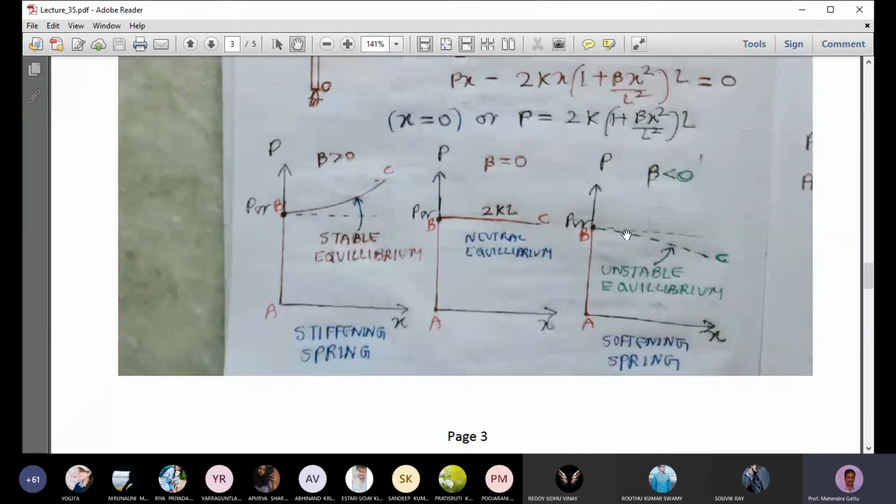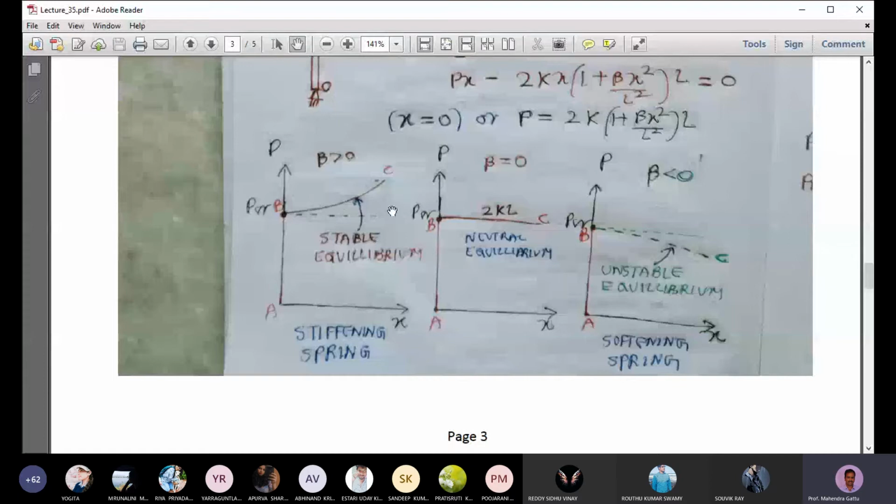So that's why this part B to C is called unstable equilibrium. All these are equilibrium positions, but if you move them slightly, the column will continue deflecting, and it is unstable. But in the stiffening case, if you deflect it to the right a little amount, it will come back to its original position. So all the points on B to C are equilibrium positions, but they are stable equilibrium positions.